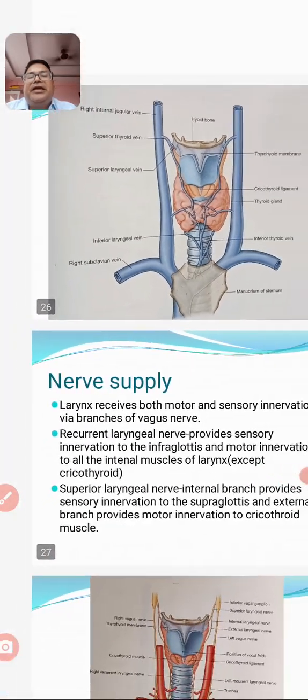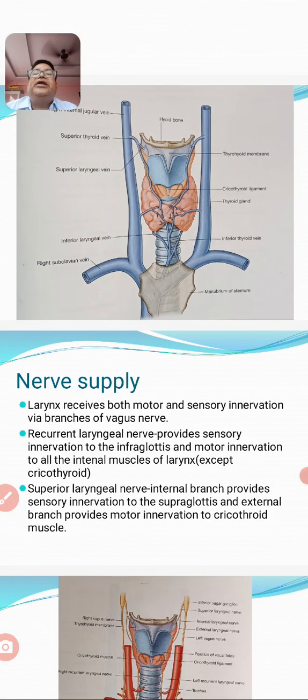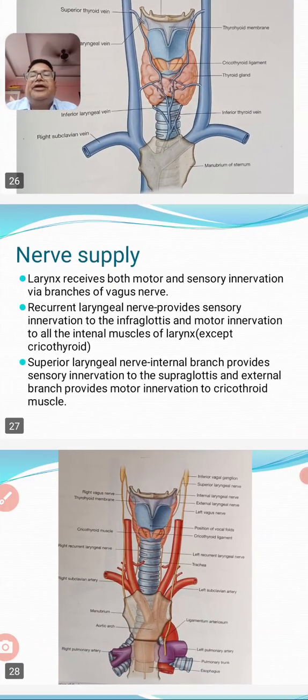Now the nerve supply. The larynx receives both motor and sensory innervation via branches of the vagus nerve. The recurrent laryngeal nerve provides sensory innervation to the infraglottis and motor innervation to all the intrinsic muscles of the larynx except cricothyroid.